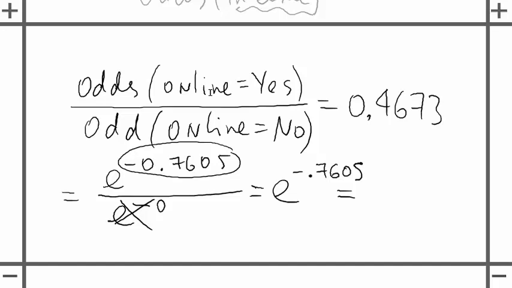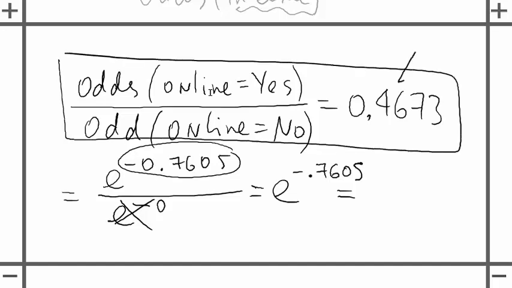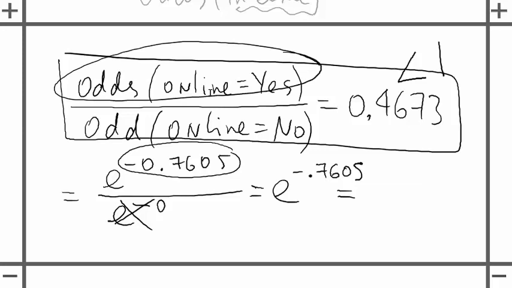Okay. So now tell me, ladies and gents, for people who do online banking, are the odds of them getting an unsolicited loan from the bank higher or lower than the odds for people who don't do the online banking? The ratio is less than 1, right? 0.46 is less than 1, right? So that means that the number in the numerator is higher or lower than the denominator?